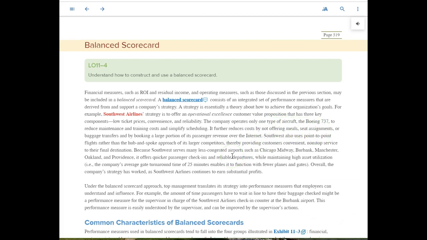So if you're an airline company and you have only one type of aircraft as opposed to a dozen, your maintenance costs are going to be a lot less, your training costs will be a lot less, scheduling will be a lot easier because when you move planes around the country, you're moving the same type of aircraft all around the country. So they try to operate efficiently. That's why they are known for low cost.